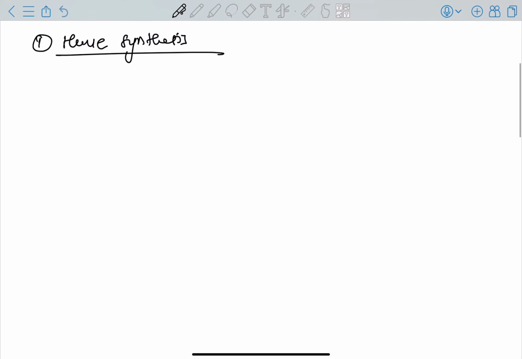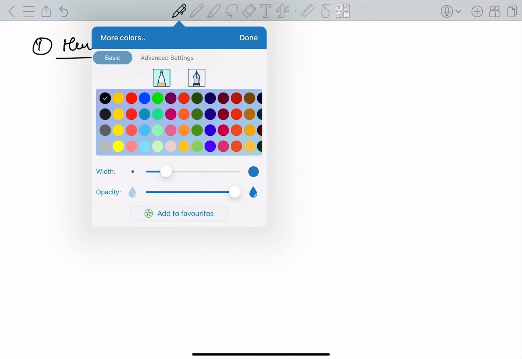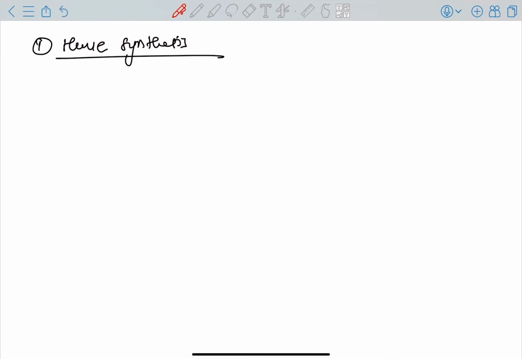Heme synthesis: the most important thing is where it takes place. It takes place in the erythroid precursor cells and the liver. 80% of heme synthesis takes place in the erythroid precursor cells and the remaining in the liver.